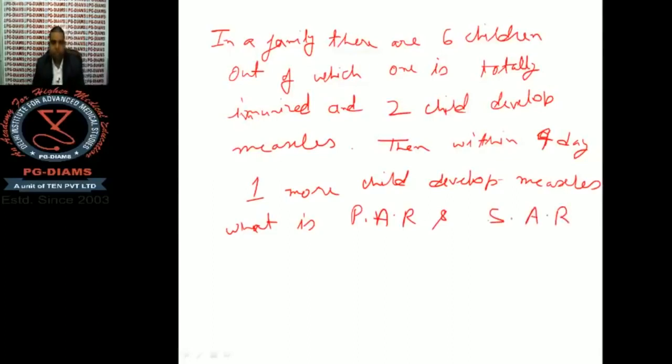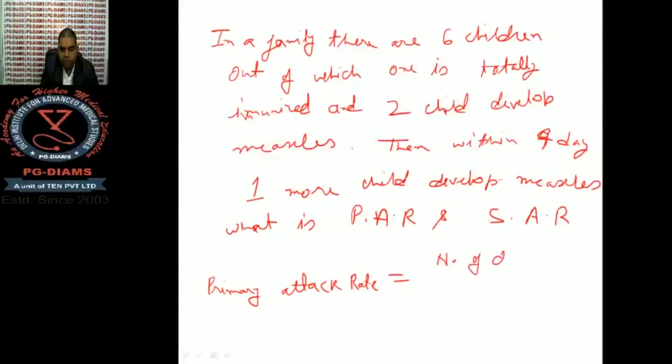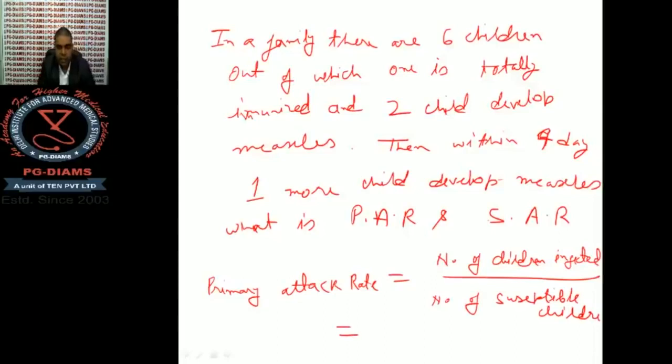Okay. So how will you calculate primary attack rate? Primary attack rate is number of children infected by number of susceptible children. So in this case, what is the number of children infected in first exposure?